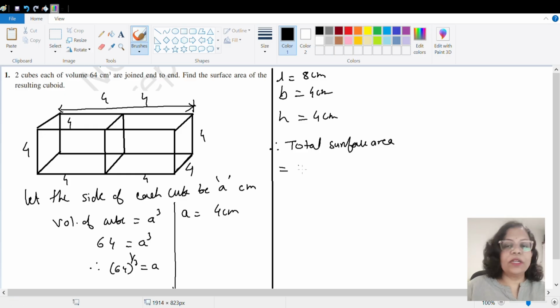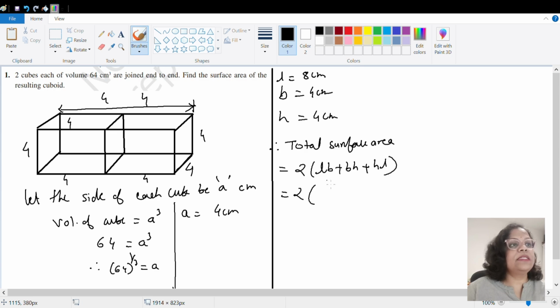And therefore you can see total surface area is equal to, what is the formula for total surface area? It will be 2 into LB plus BH plus HL, and we have all these dimensions. That is 8 into 4 plus 4 into 4 plus 8 into 4 again.